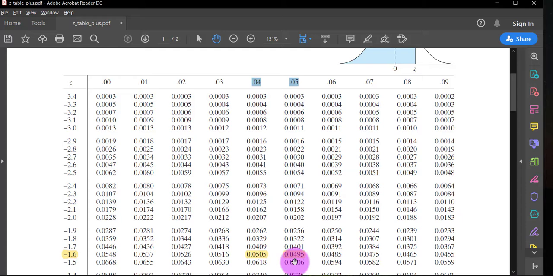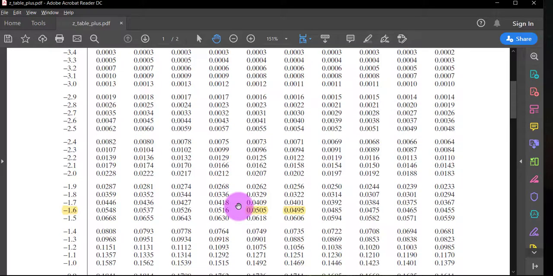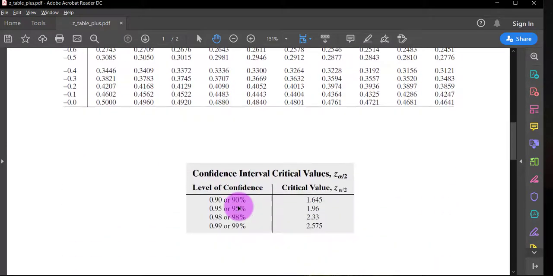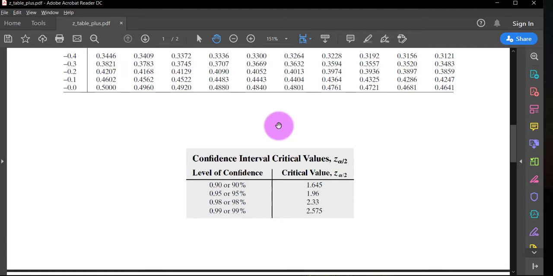Now, every time you do one of these confidence intervals, you don't have to do this. Check it out. On our Z table, I had some hindsight, and in the bottom of page 1, check this out right here. This says critical values. Look, Z alpha over 2. And these are the critical values that apply to certain levels of confidence.